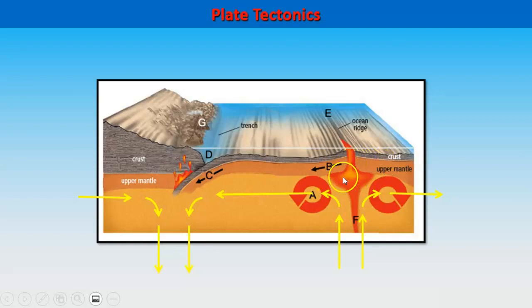Then when the crust is pulled apart, that molten material can rise up through those cracks and fissures and make it to the surface and create new crust, cool and crystallize, and voila, we have some igneous rock here at the surface.